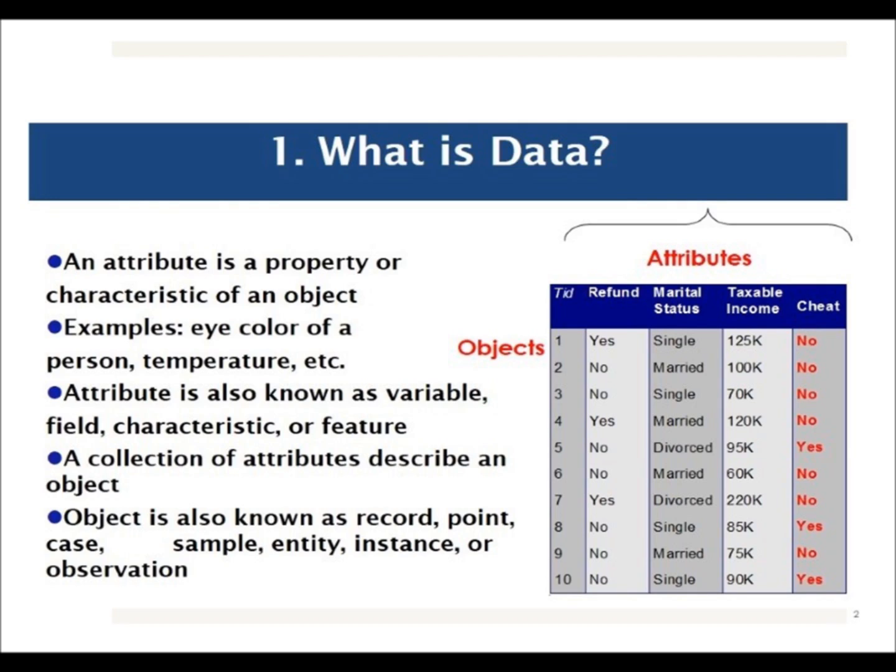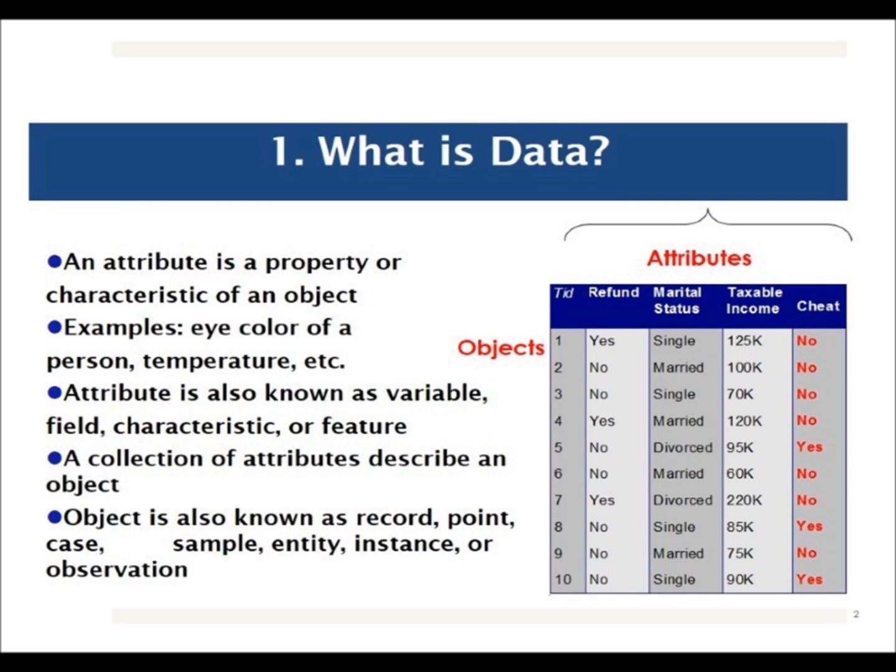In each row, you call it one object, one record, one instance, or one data entry. Doesn't matter. This is just one case. What's important for your model is the columns. That's what we call the attributes, or sometimes we use the word feature. These two words talk about the columns.